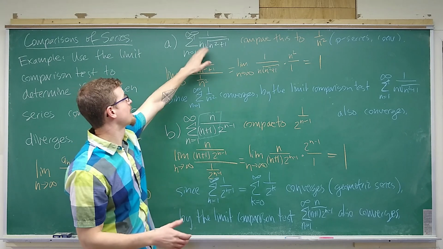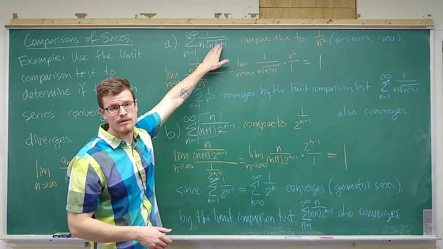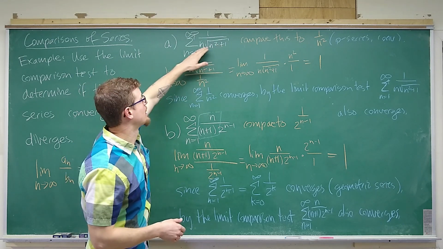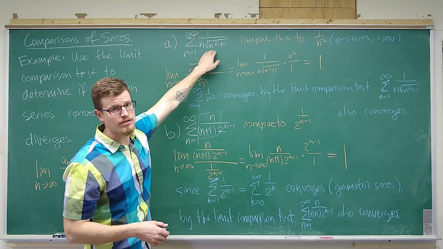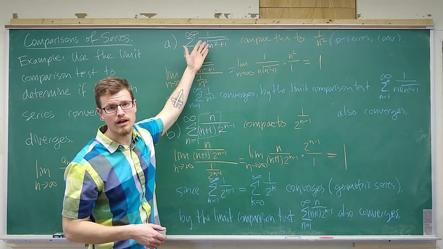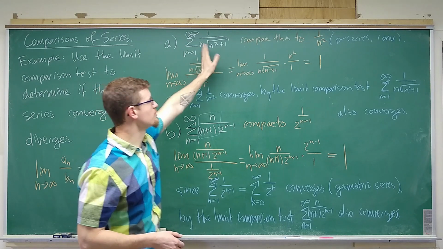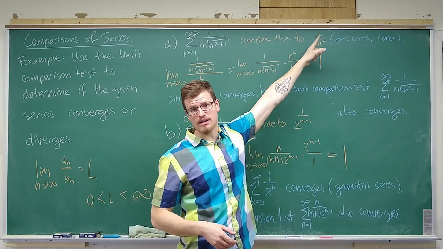I could decrease my denominator by removing this plus 1, in which case I would have 1 over n times the square root of n squared, or 1 over n squared. So I could actually use the direct comparison test with exactly the same series.